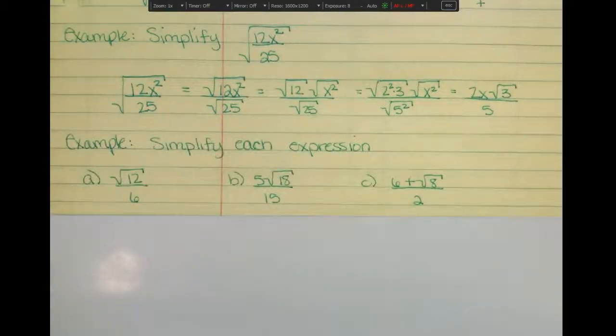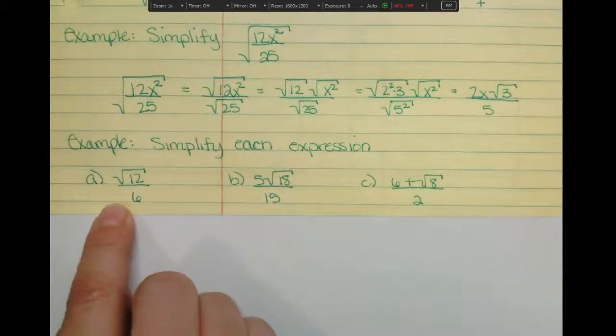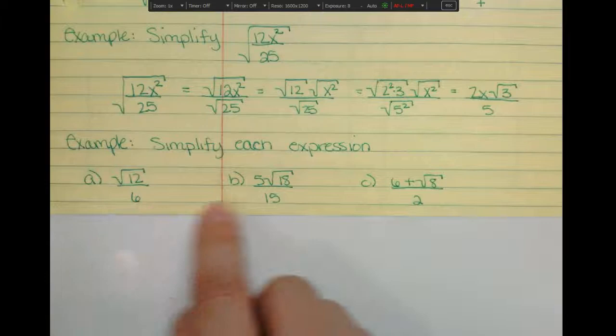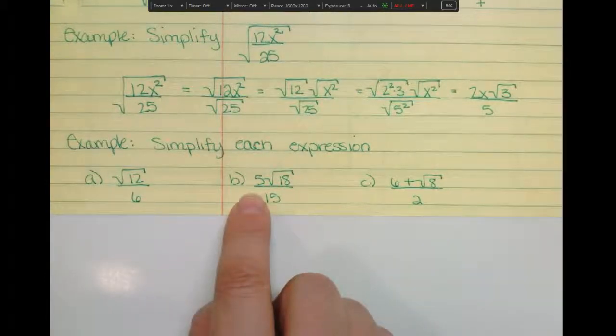For this video's class problem, I'd like you to work through 3 problems and then turn it in for the next class session. The first problem is the square root of 12 over 6. I want you to simplify that as much as possible. The second problem is 5 times the square root of 18 all over 15.